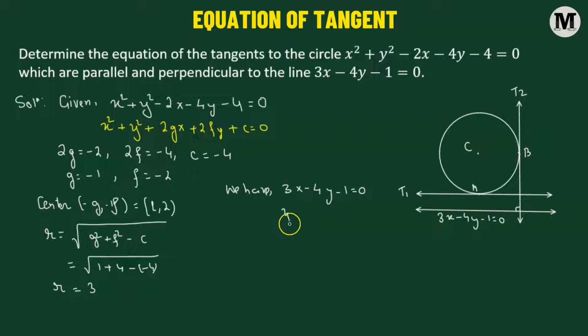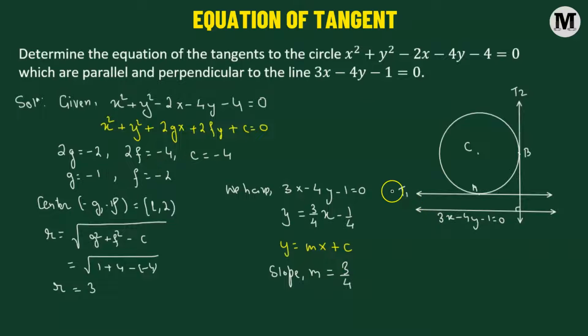Now if we isolate y, y will be equal to 3 over 4 times x minus 1 over 4. Meaning, if we compare it with the slope-intercept form of a line, which is given by y equals mx plus c, then the coefficient of x, which is 3 over 4, is going to be the slope. So slope m is going to be equal to 3 over 4.